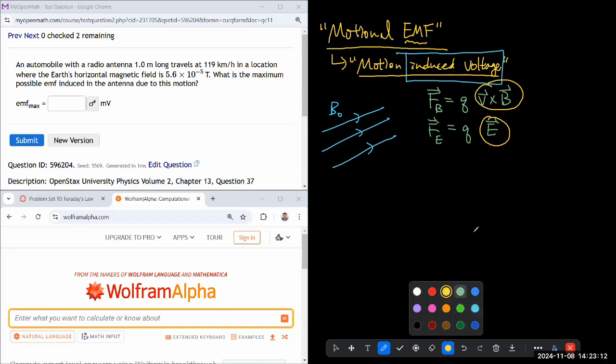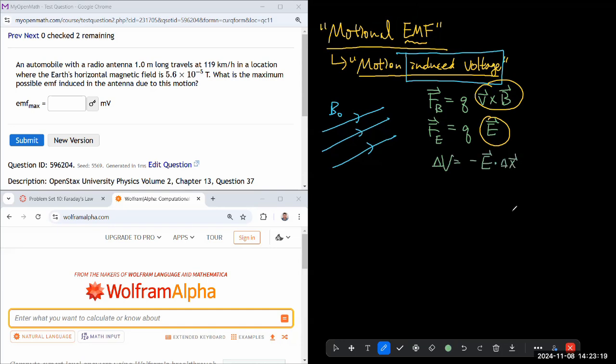So we have introduced that change in voltage is minus E dot change in length. So once you have a quantity that's kind of like an electric field, then you can have a quantity that's kind of like voltage. So the motion induced voltage would be velocity cross B, dot product with some length element.